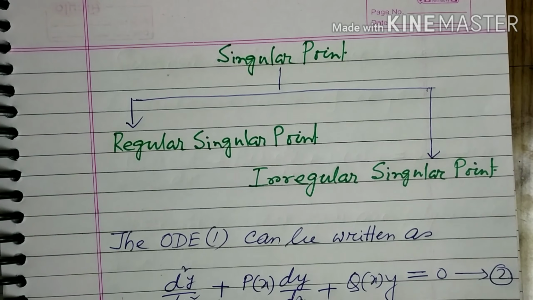This is most important. So that means you can get some value of these two limits. If the limits exist, then the singular point is called regular singular point.